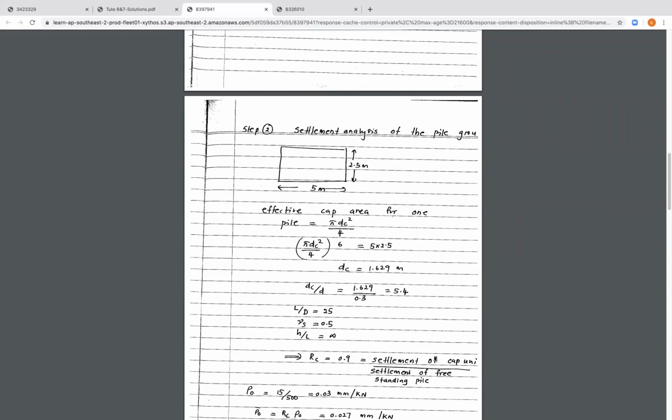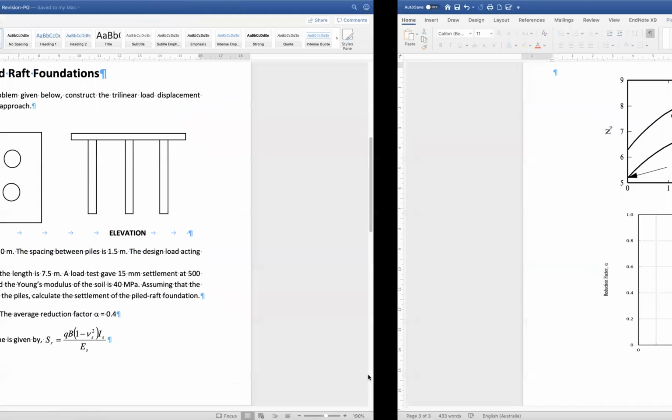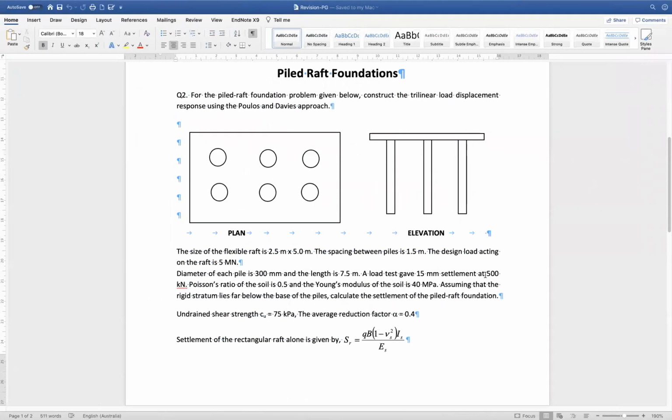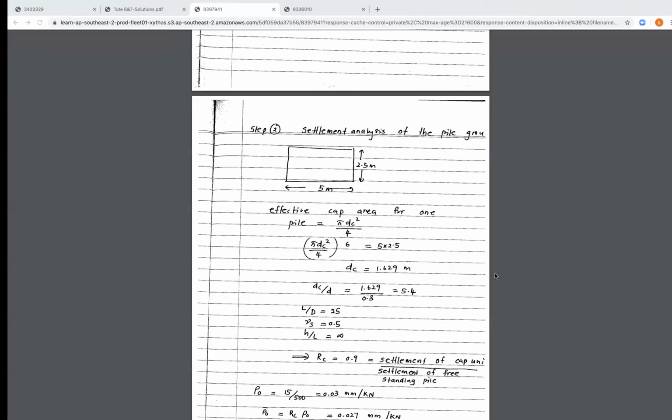We need to find the settlement of the cap unit, because what we have been given here is the settlement of the standalone pile. This is using the load test, which gave 15 millimeter divided by 500 kilonewton. So we need to divide these two numbers. 15 millimeter divided by 500 kilonewton. That will give us the settlement of the standalone pile.